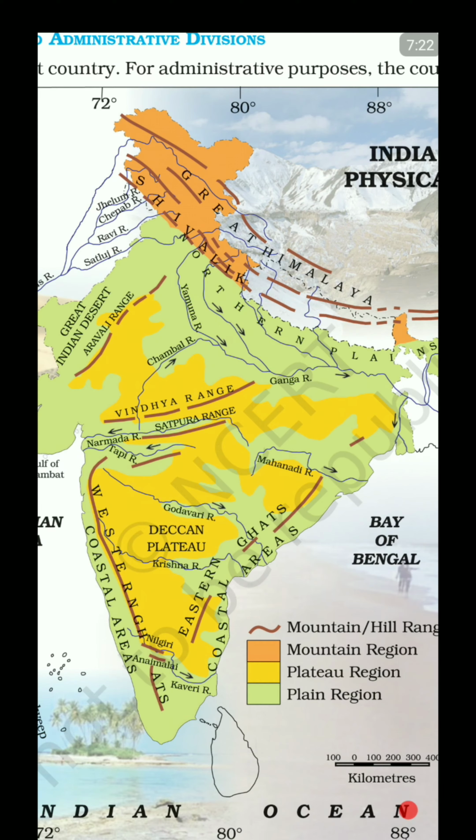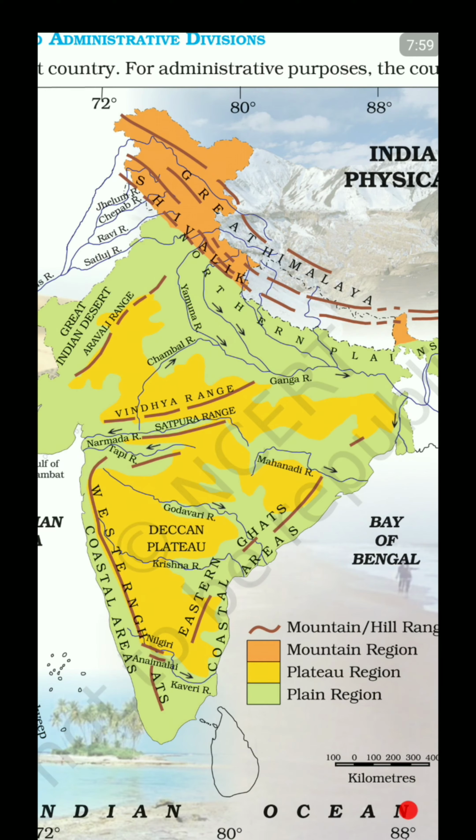The other plains are the coastal plains. The western coastal plains are smaller in extent as compared to the eastern coastal plain, owing to the fact that there are fewer west-flowing rivers, and they are very fast, so they don't carry much of the alluvium, and hence the western coastal plain is smaller.